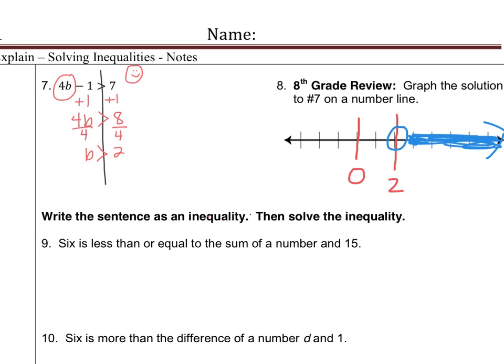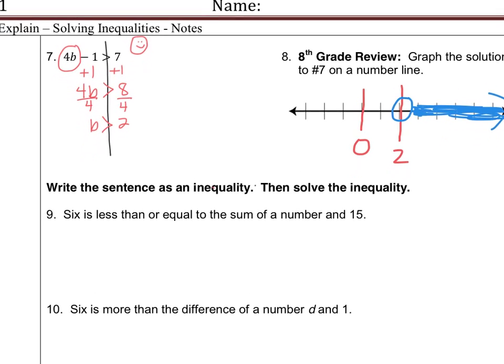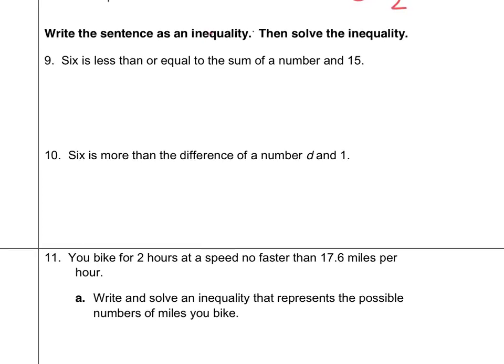Okay, so now let's write some sentences to go with our inequalities. We're going to write the sentences together, and then I'm going to have you solve them and come back. So let's start by writing our sentences. We have 6 is less than or equal to the sum of a number and 15. So we're going to write it just the way we hear it.